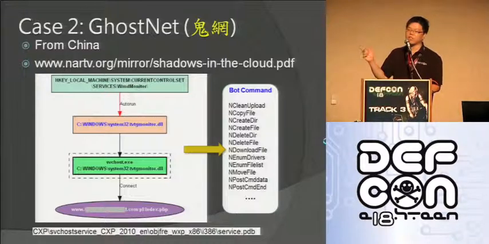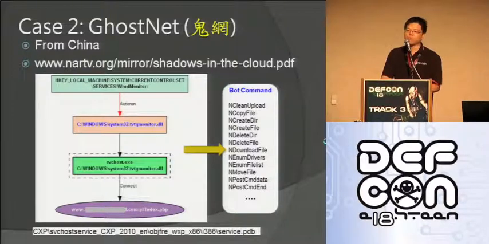Notice that this GhostNet has nothing to do with the GhostRat malware. And the string at the bottom is how we found its original project name on the malware author's computer. It's called CXP.